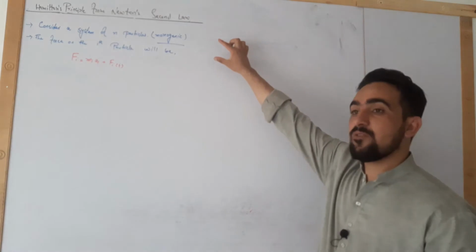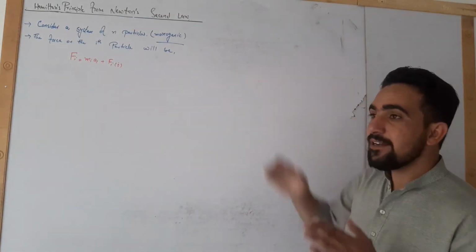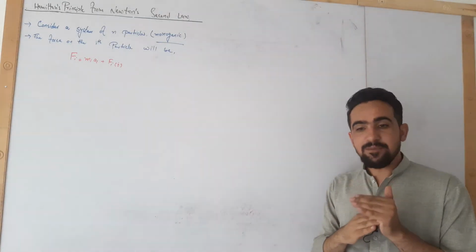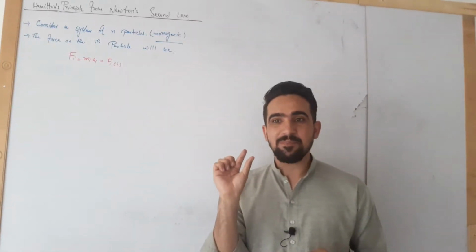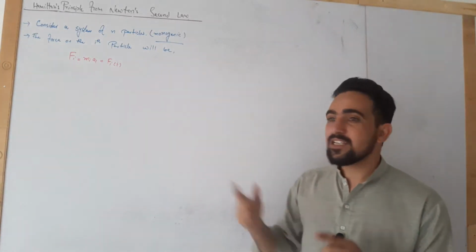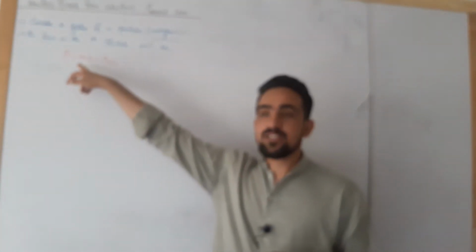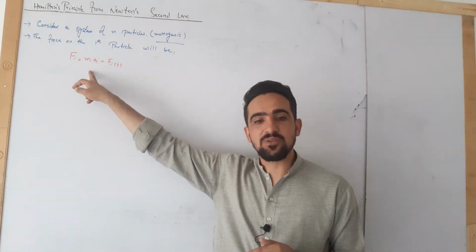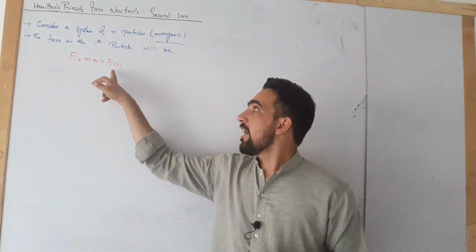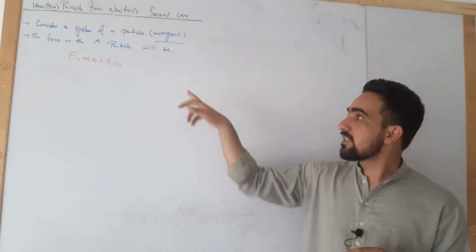So the system is of course monogenic, and now if there are n particles, let us consider the ith particle. The force on the ith particle is of two types. One is the external force, that is mass of the ith particle times the acceleration produced in the ith particle, and the other one is the internal force, that is Fi.